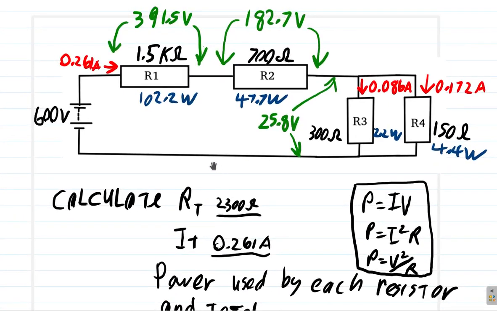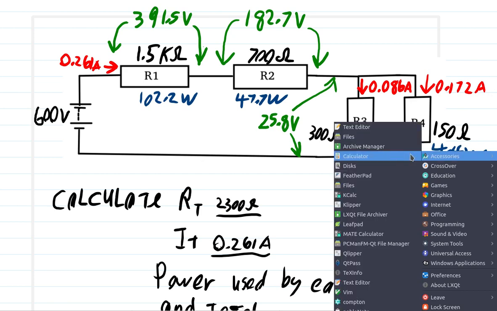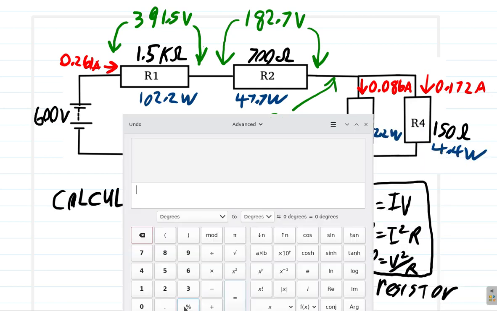Suppose we find the total power by multiplying the applied voltage by the total current. What would we get?